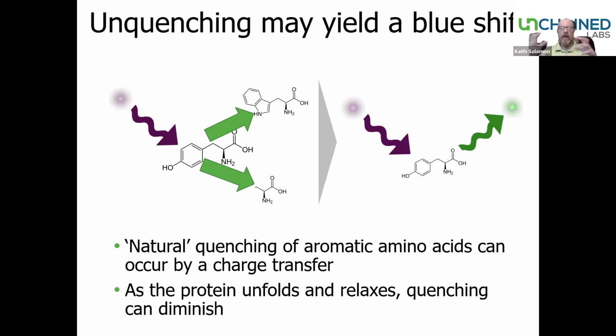When the molecule is folded in its native conformation, these amino acids are fairly close together, and quenching is a real phenomenon. But as they unwind, these amino acids move farther apart, and quenching relaxes, and consequently you can get a large increase in the quantum yield of aromatic residues when they are unquenched.